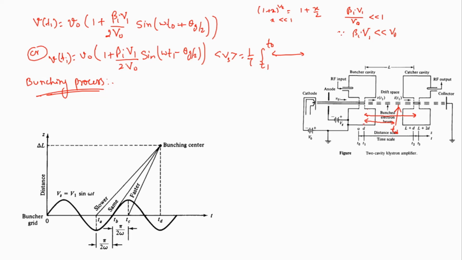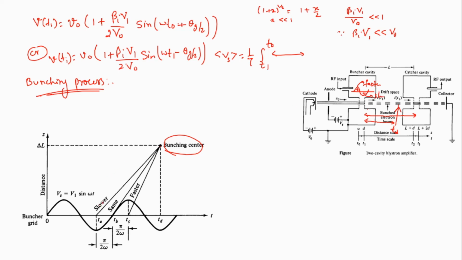So TD here represents where the bunching occurs. At this time bunching occurs, this is called the bunching center. The electron that leaves in the positive half cycle will be accelerated and the electron that leaves in the negative half cycle will be decelerated. So this accelerated electron will be the faster electron and this is the slower electron.